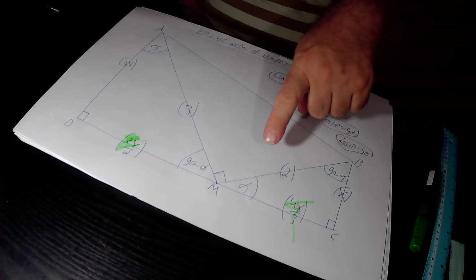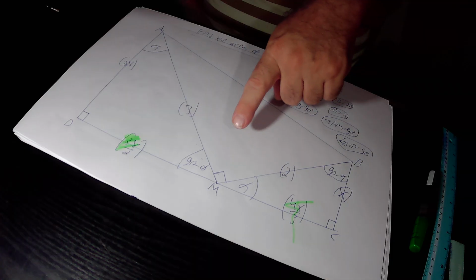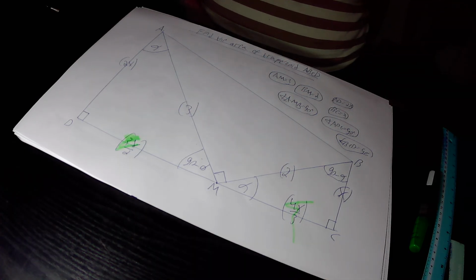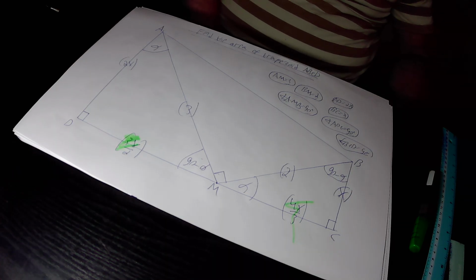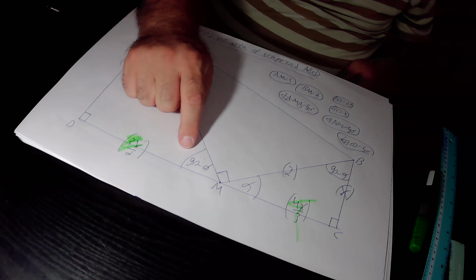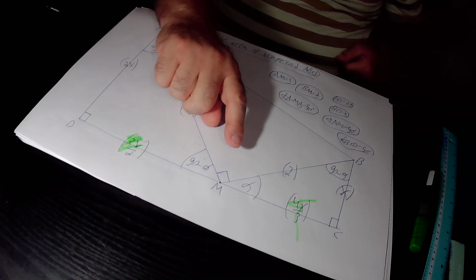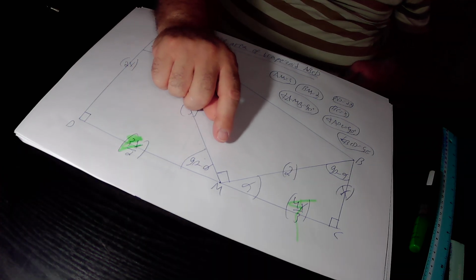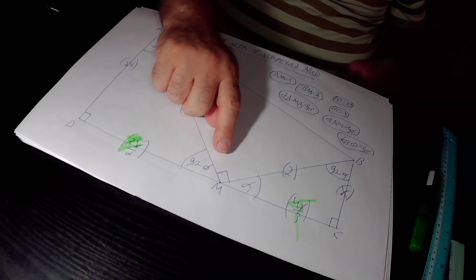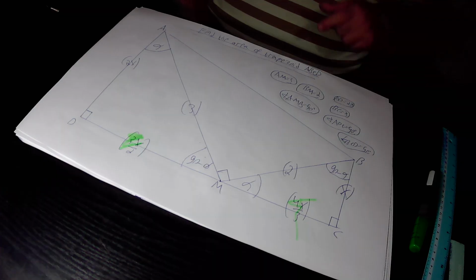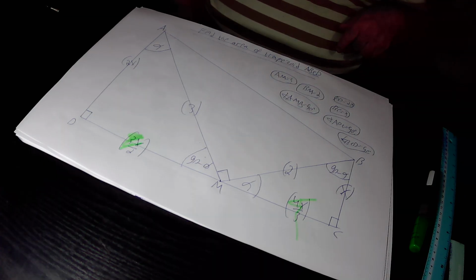We have this angle that is alpha, plus this right angle, plus this missing angle, and the sum of those angles must be equal to 180 degrees according to rule 3. Therefore, this missing angle must be equal to 90 degrees minus alpha. Why? Because 90 degrees minus alpha plus alpha is 90 degrees, and 90 degrees plus 90 degrees is equal to 180 degrees. So this missing angle must be equal to 90 degrees minus alpha.